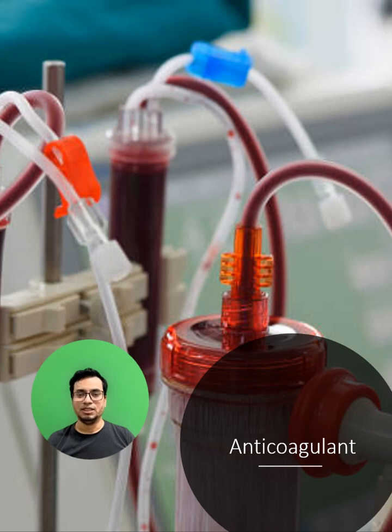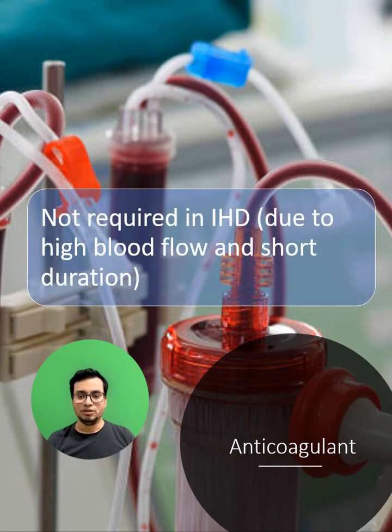For example, intermittent hemodialysis or sustained low efficiency dialysis, that is called SLED, which is a type of PIRRT. Because of shorter duration of renal replacement therapy and higher blood flow, these two factors decrease the clotting risk, and this is the reason these two modalities do not require the anticoagulant.